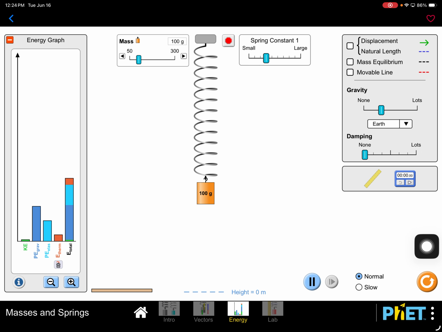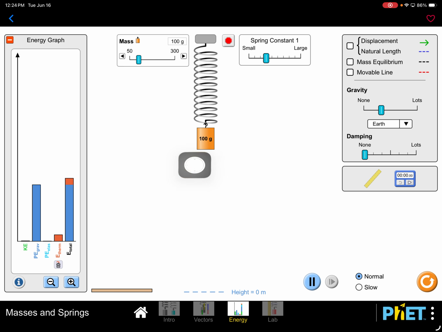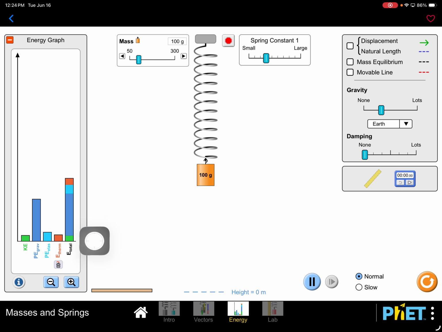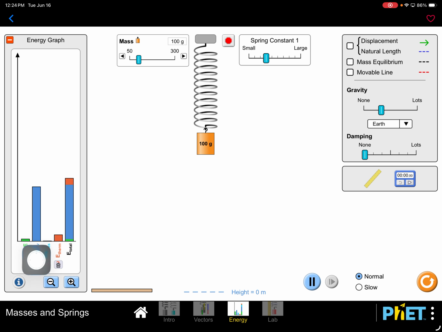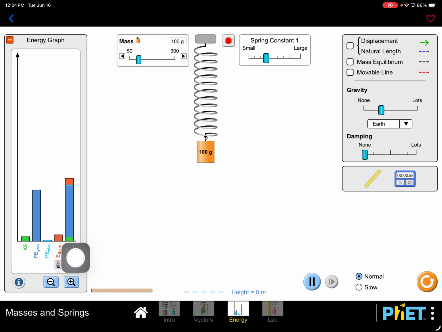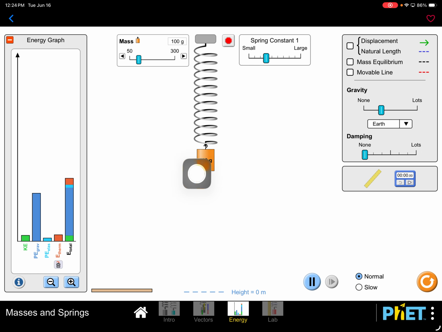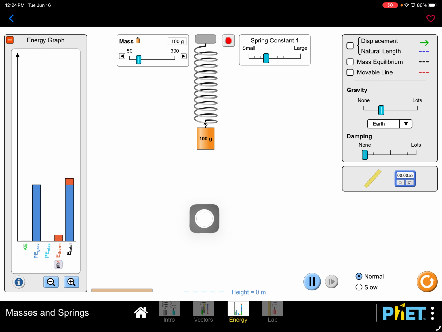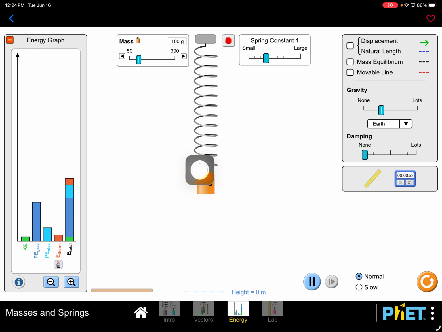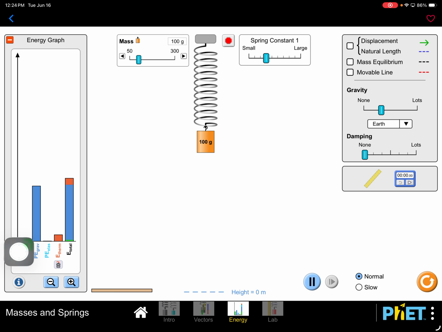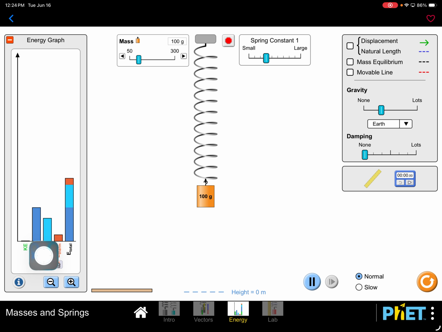Whenever a system like this oscillates, it has three forms of energy. It has gravitational potential energy because this is going up and down. It has kinetic energy, and it has elastic potential energy because it's oscillating back and the spring is being compressed and stretched. So whenever you have a system that oscillates, you need to have multiple forms of energy.